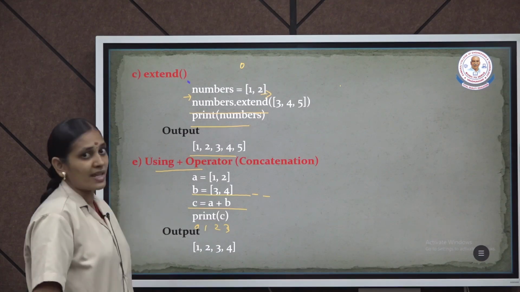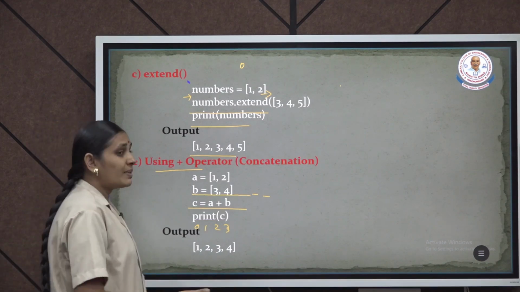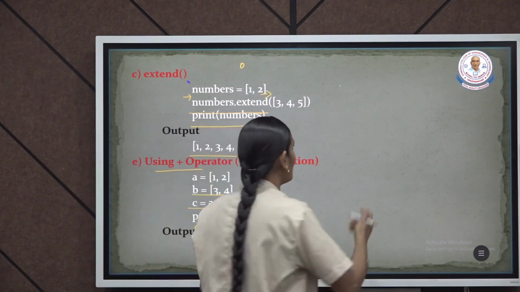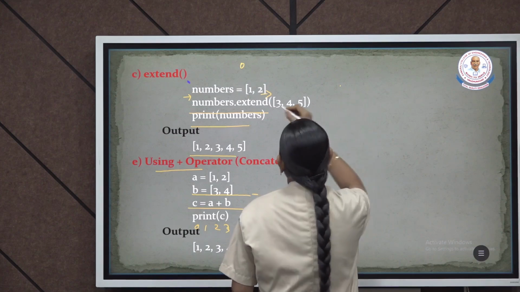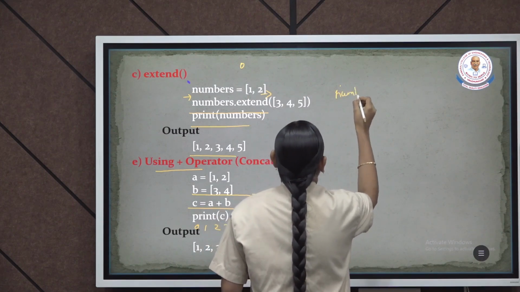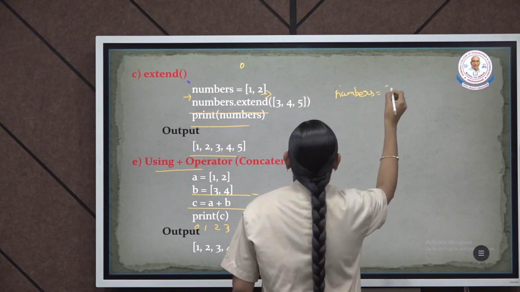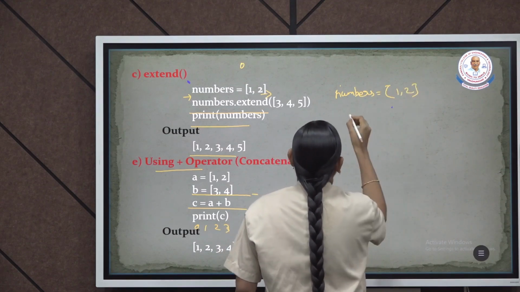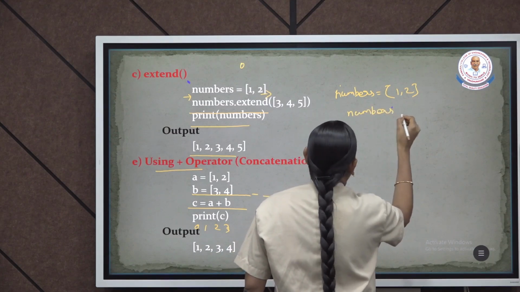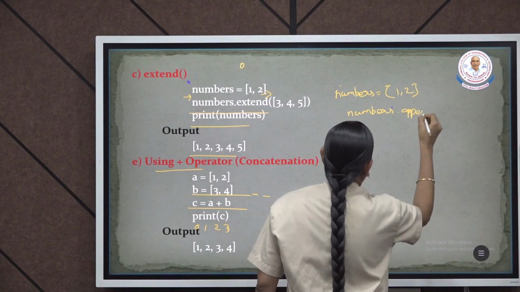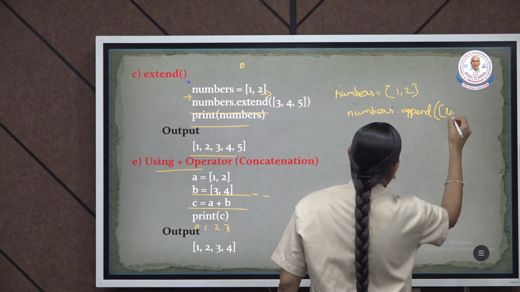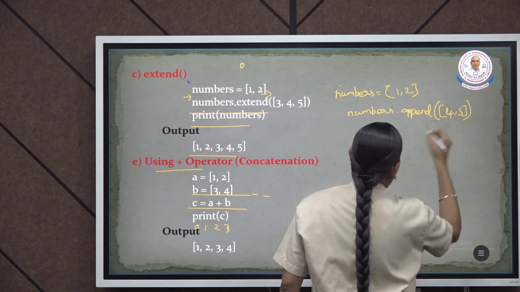And the extend keyword. The extend keyword is used to add multiple elements at a time in the list. Using the append keyword also we can add multiple elements. So take this example: 1 and 2. I am trying to add multiple elements using the append keyword.